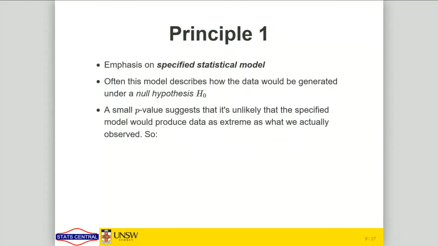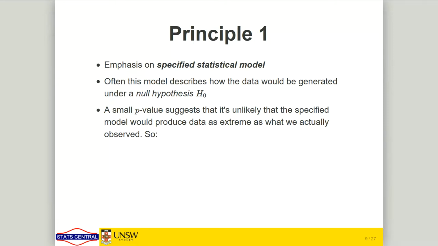But secondly, I want to emphasize specified statistical model. The statement's a bit abstract because it's trying to be very general, but most of the time, this model describes how we think the data would be generated under a null hypothesis. So if you're doing a t-test under the null hypothesis, we're saying that we're drawing our 2 samples from t-distributions with the same mean, for example. Or from normal distributions with the same mean.